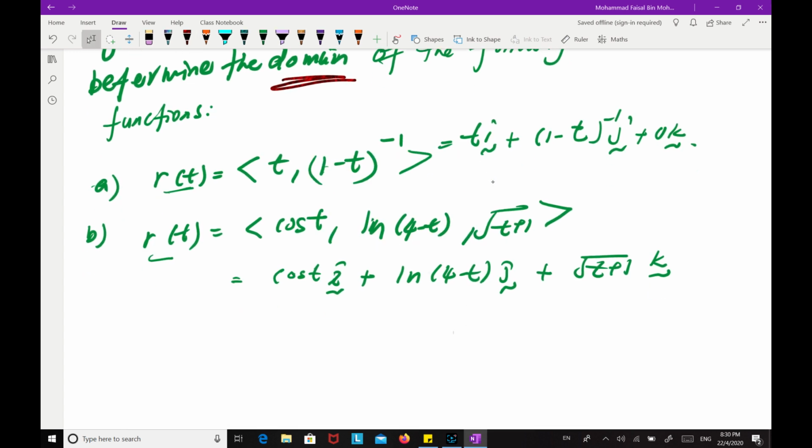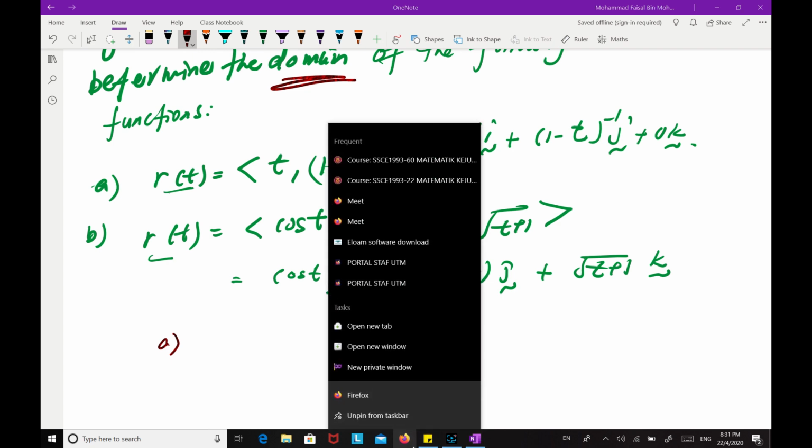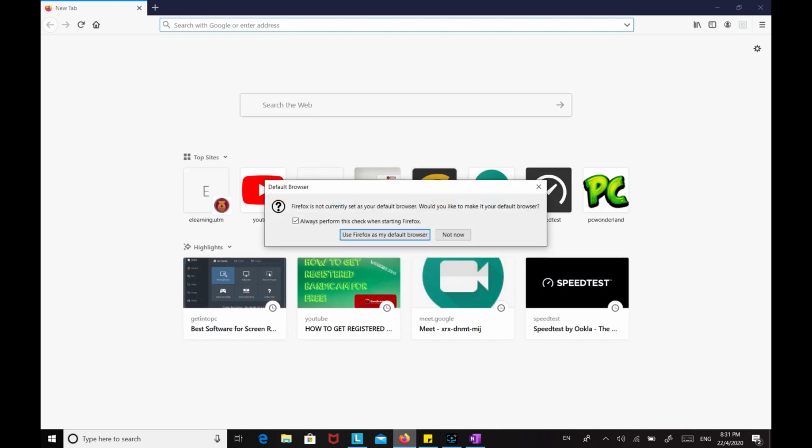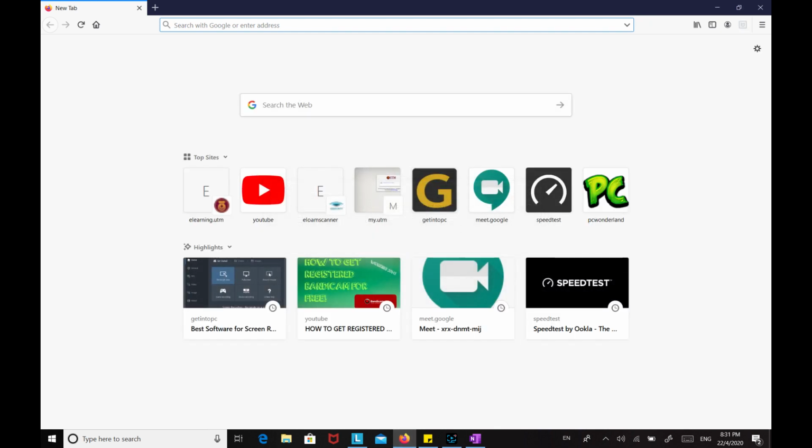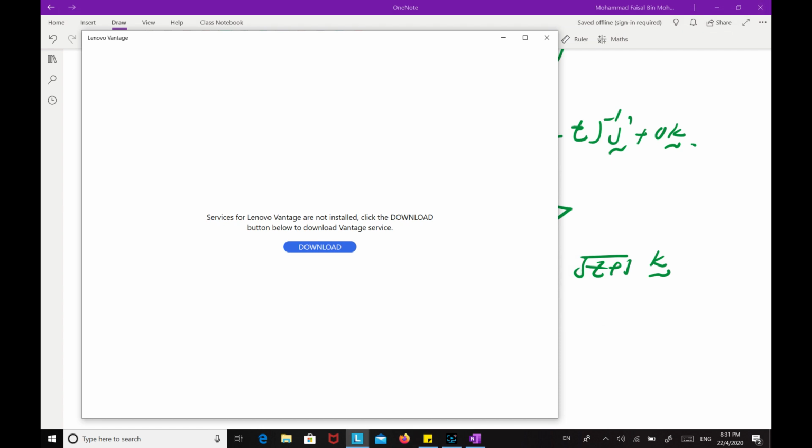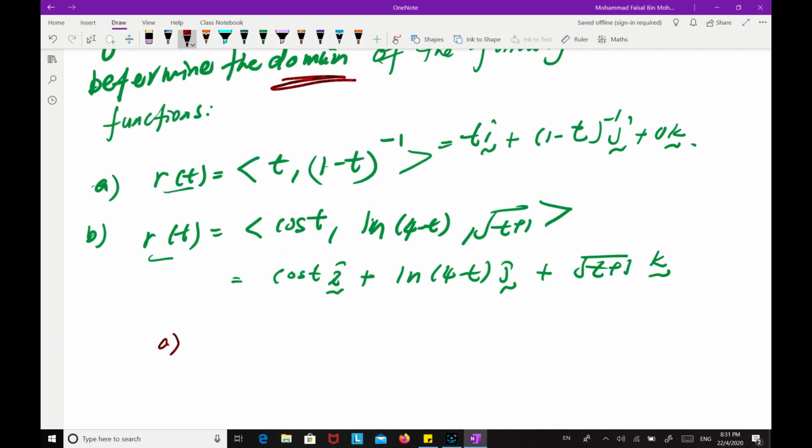So for the first one, okay, let's see what is the maximum or minimum value of the t. So we have t, only t, which means t can be anything, rational or irrational, real number, or anything.